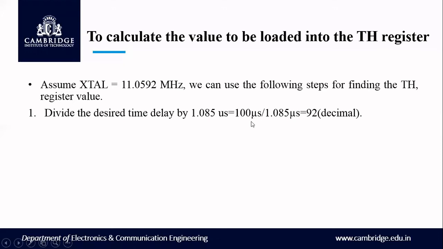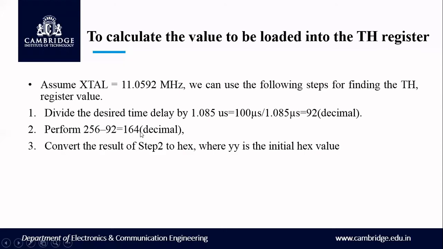So in this case, the first step is to divide the desired delay by the time period, giving the number of counts in decimal or hexadecimal. Next, since it is mode 2, the maximum count is 256. Subtract 92 from 256 and you get 164.